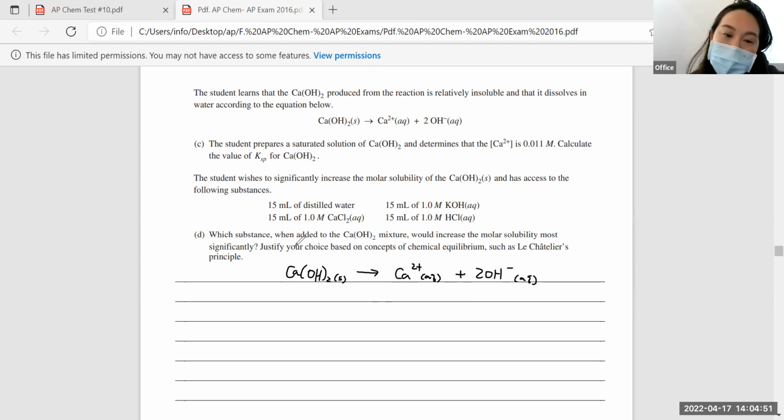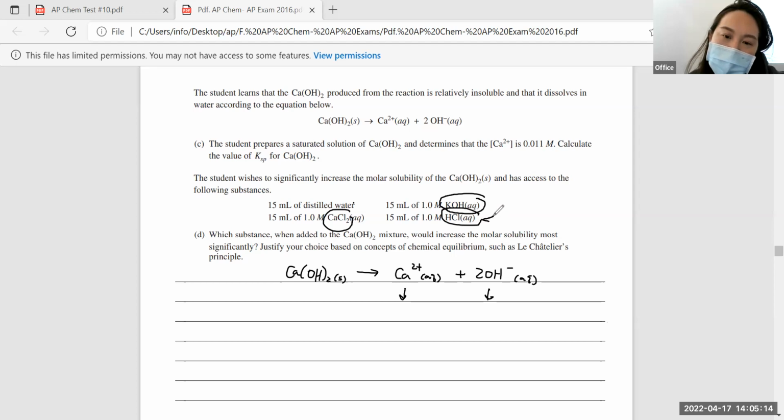Again, this is a solid, so I can't do anything. I would have to decrease this concentration. Given what I have, water, I'm not going to do anything. I have calcium chloride, I have potassium hydroxide, and I have HCl. Which one of these is going to react with either calcium or hydroxide?